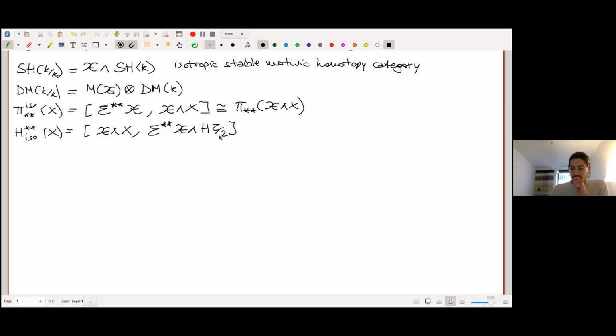Okay, so one of the results of Vishik's paper is essentially the computation of the isotropic motivic homology of the point.